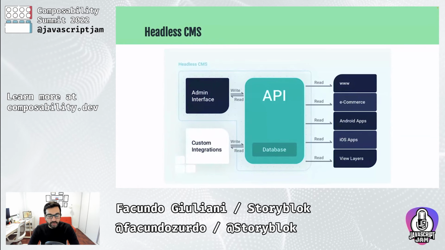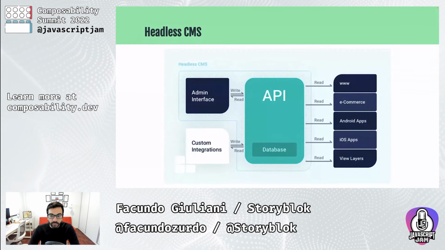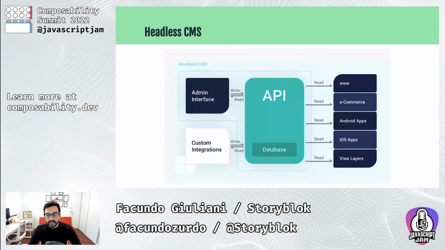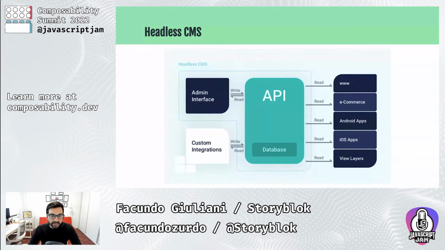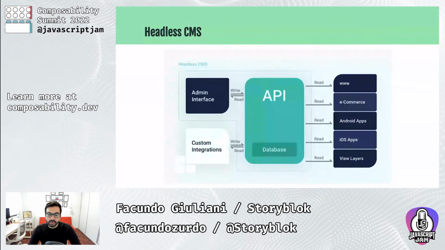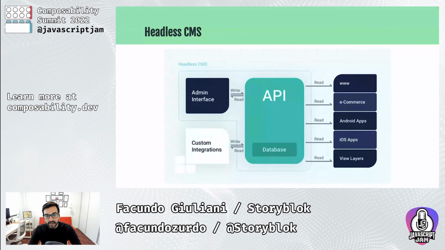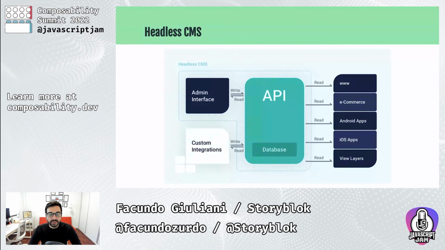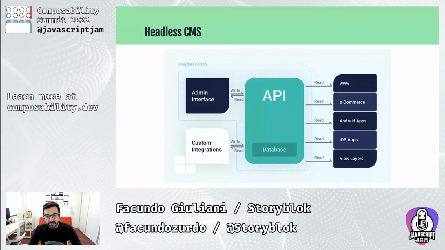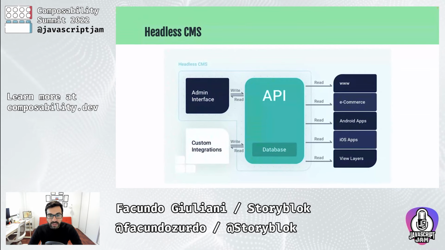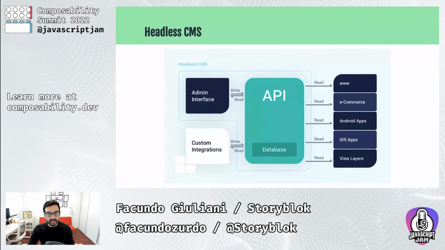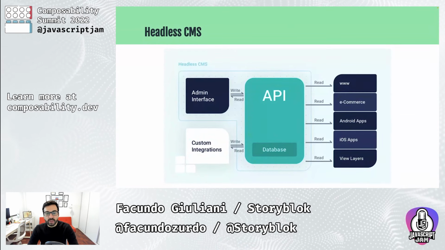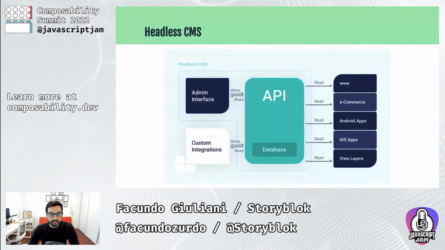So we can expose the content in different ways: using a website, an e-commerce platform, a mobile application, a desktop application, even an application for smart devices like Amazon's Alexa or a smartwatch. We can even create a virtual reality application and experience, and consume the content that we are creating in a headless content management system, connecting to the API provided by this application.